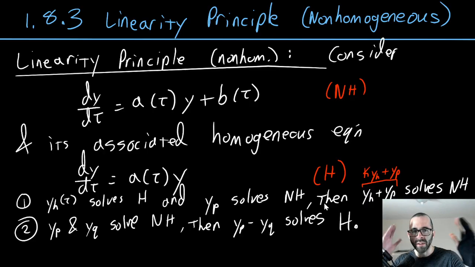So we can take one of each to get a solution for the non-homogeneous, and we can take two from the non-homogeneous to solve the homogeneous.